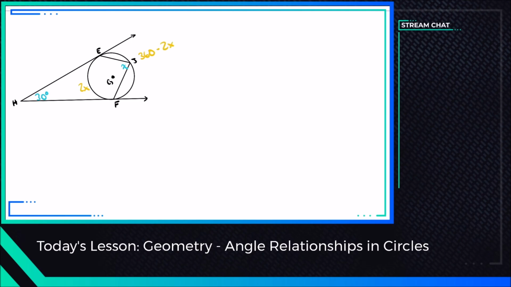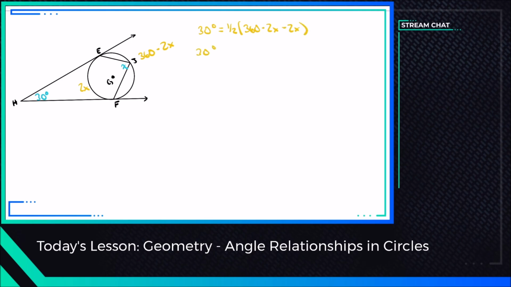And now we can use our angle outside the circle theorem to say that our 30 degrees is equal to 1/2 our bigger arc. So that's going to be 360 minus 2x minus our smaller arc, 2x.